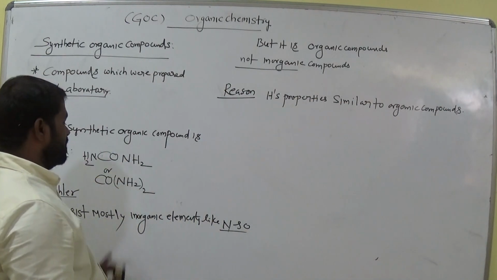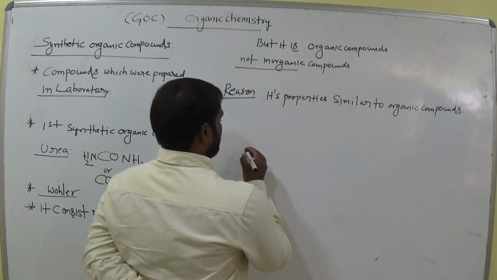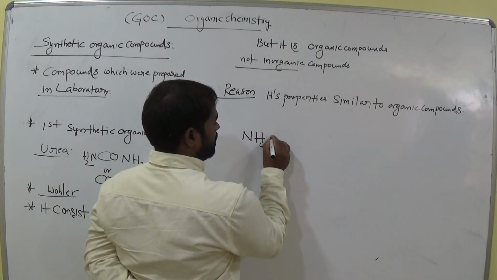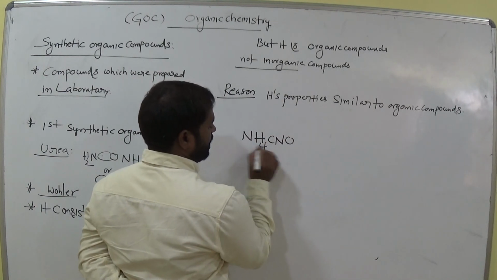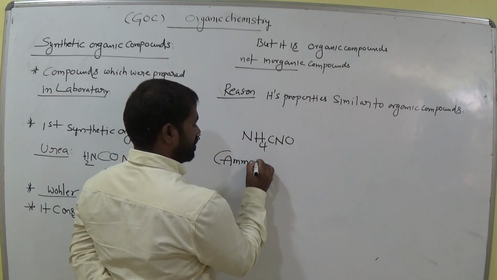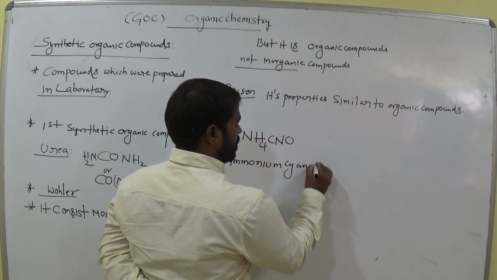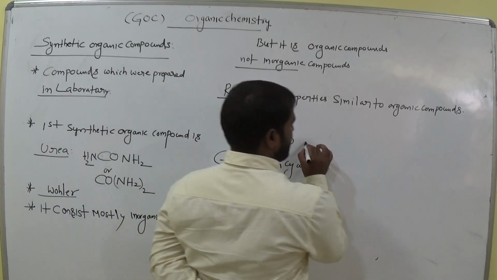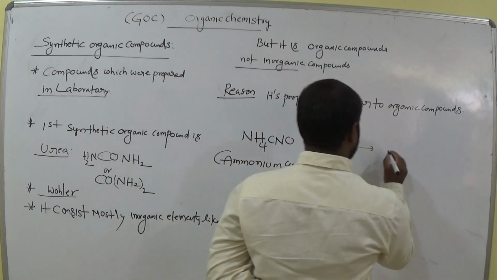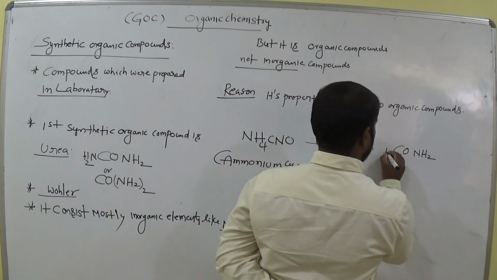Is it clear? Now, how to prepare urea according to the scientist Euler. We have ammonium cyanate. When ammonium cyanate undergoes heating, it produces CO, NH2 and NH2.